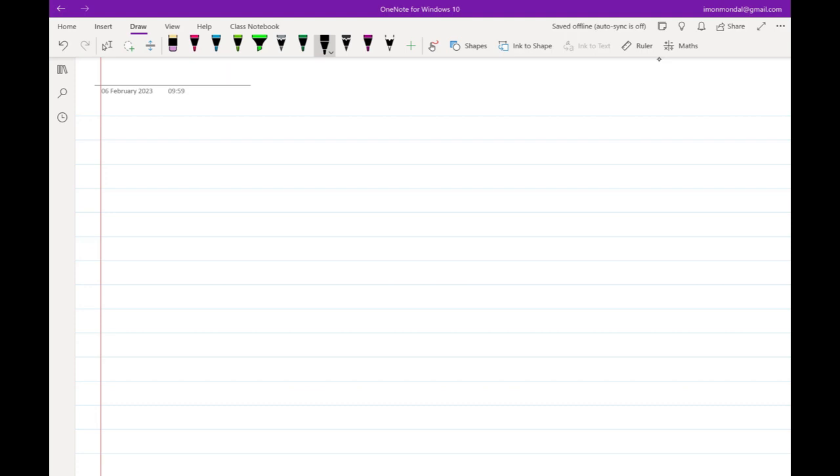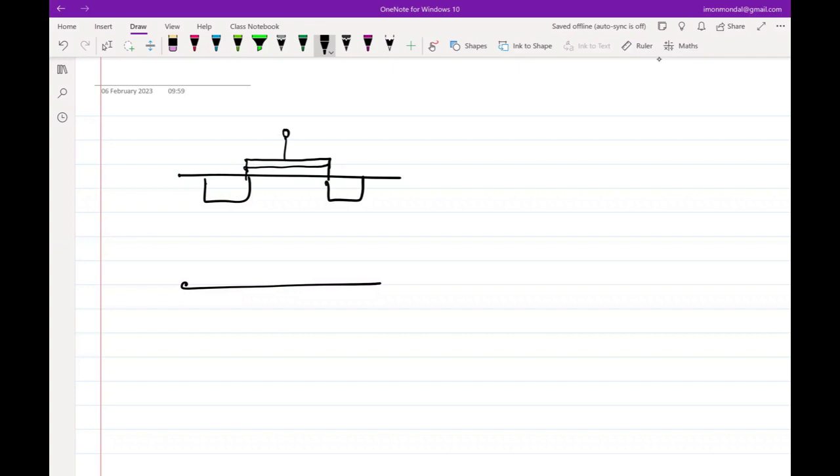So this is a brief revision of what we were doing in terms of the architecture of the MOSFET. Let's call this a source, and let's call this a drain.